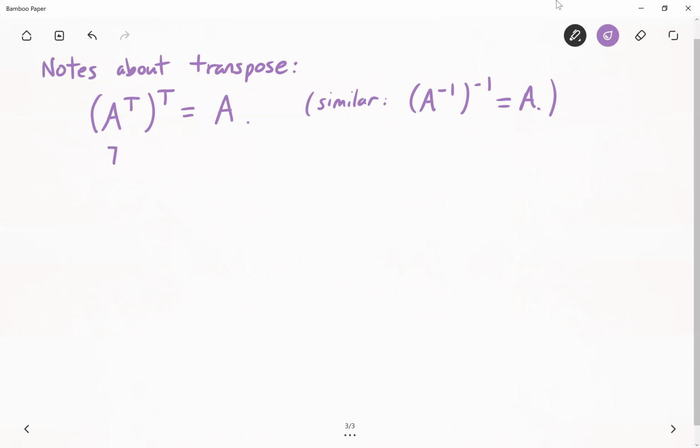In addition, if you have the identity matrix and you calculate its transpose, the rows and the columns are identical. The transpose of the identity matrix is also the identity. In general, this isn't true. Usually transposing turns something into a new matrix. But if A transpose does not change the matrix, if A transpose is equal to A, then A is called a symmetric matrix.